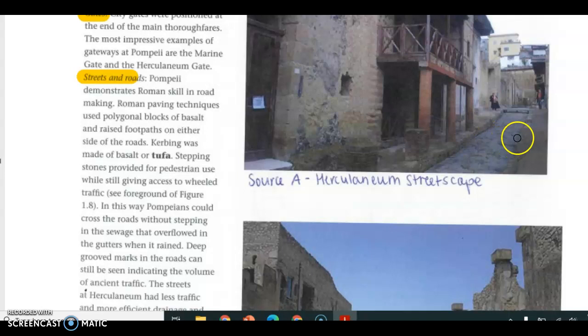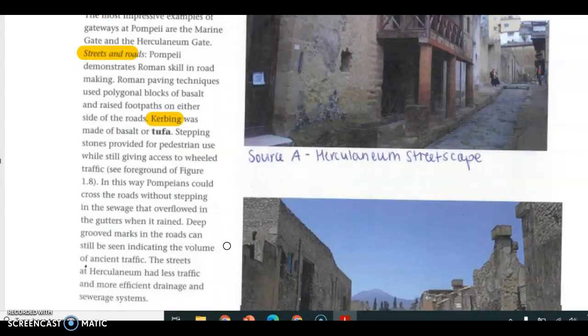Now, I know that that seems pretty standard, but at the time, that's actually quite progressive. It's showing that they had an understanding of how sewage systems work, that they wanted to make sure that things didn't overflow when it rained. So it is quite advanced. Having curbing is not a typical feature of an ancient road.